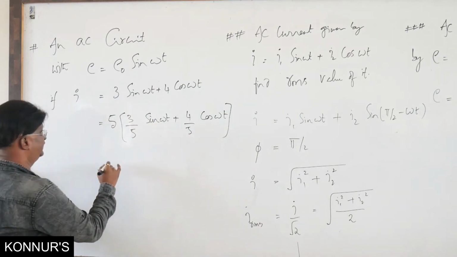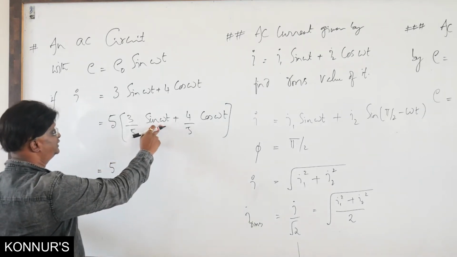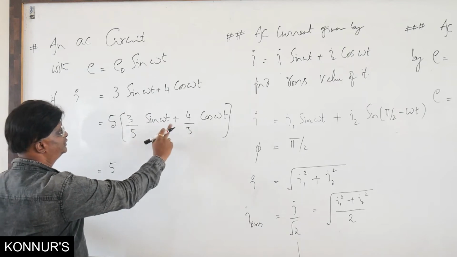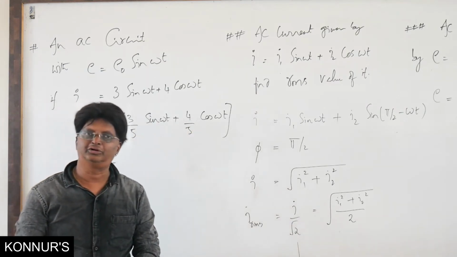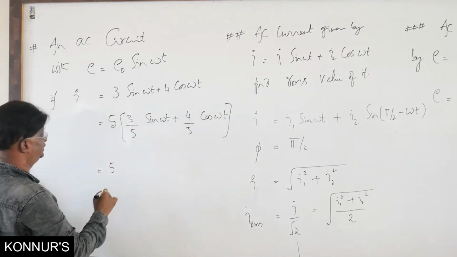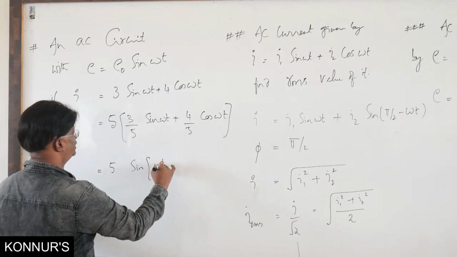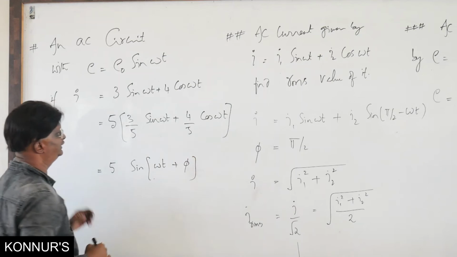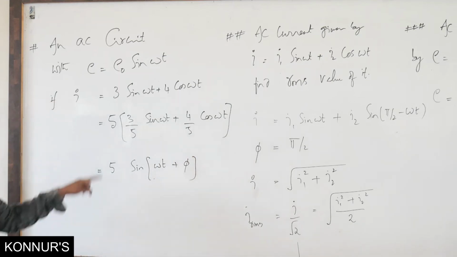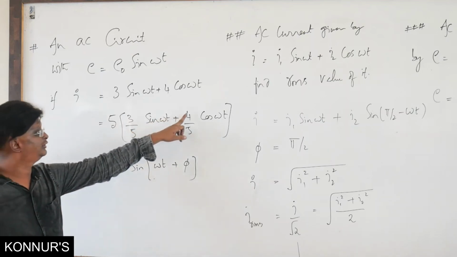Then this is 5 times a function of the form sin theta cos theta plus cos theta sin theta, which is nothing but sin of a plus b. Therefore this is sin of omega t plus phi, where cos phi is 3 by 5 and sin phi is 4 by 5.